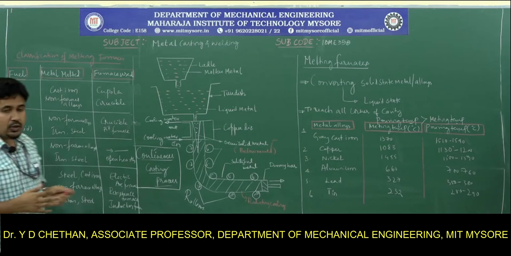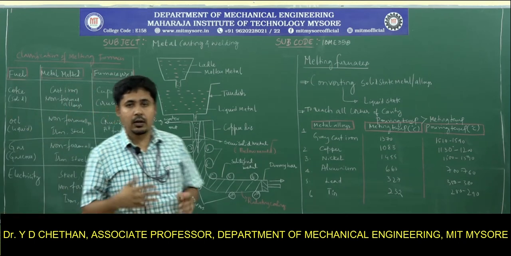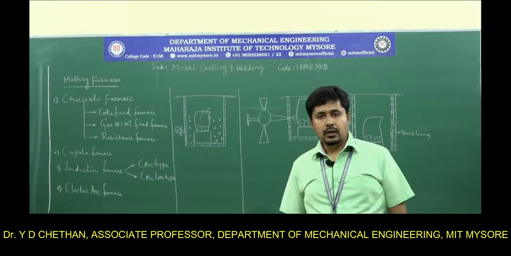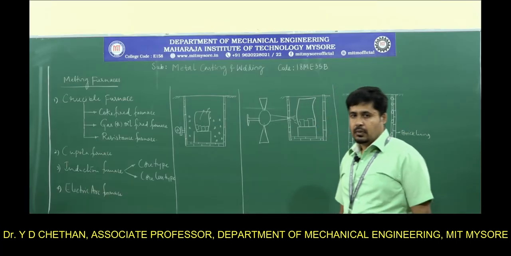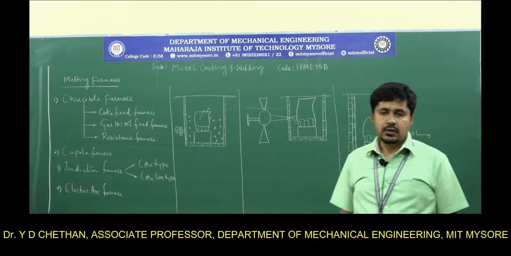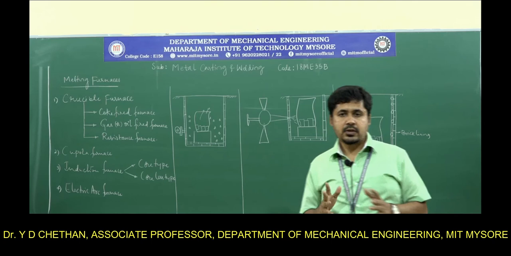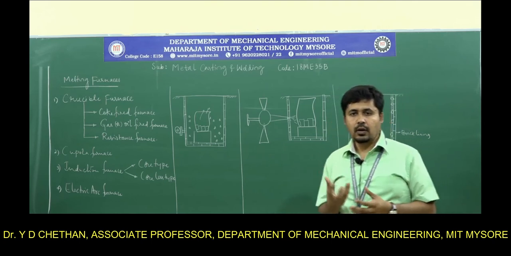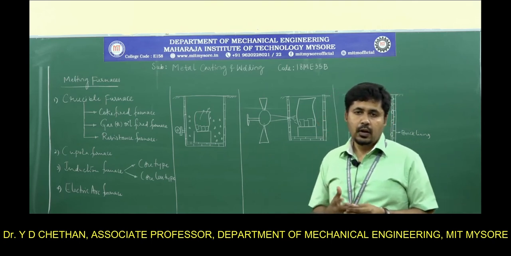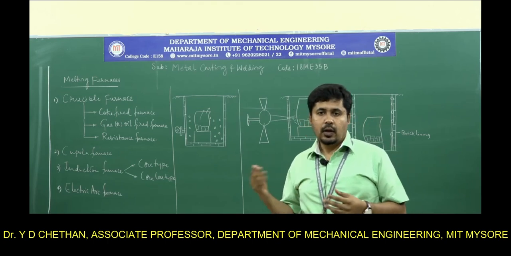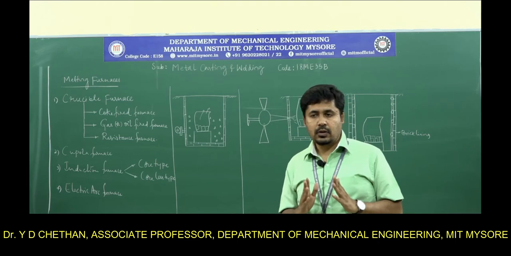So based on the nature of the metal and alloys, you can choose the furnace. Good morning viewers, dear students. In the previous session we were talking about melting furnaces. As you are all aware, the casting process involves heating the ingots or solid metal and converting the solid metal into liquid state with the help of equipment called a furnace.